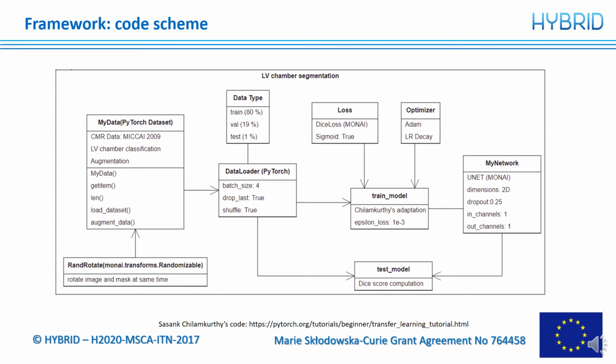And in order to create this object, we need a custom dataset that I call MyData, and each class has to inherit the methods from the PyTorch Dataset class. This class has to implement the initialization, the getItem, and the length methods.